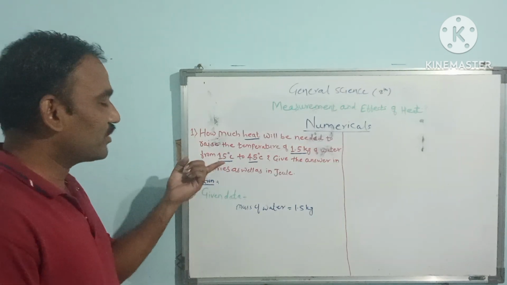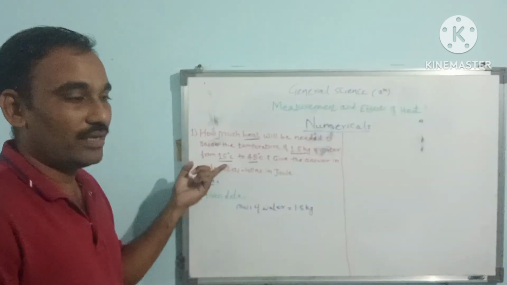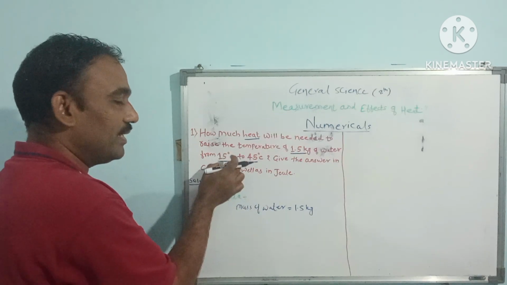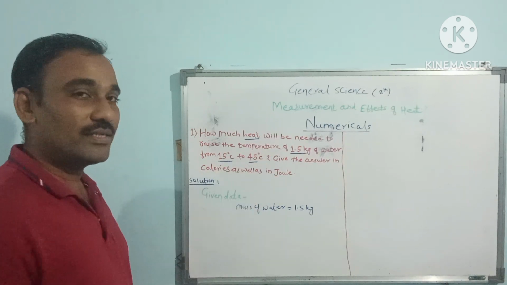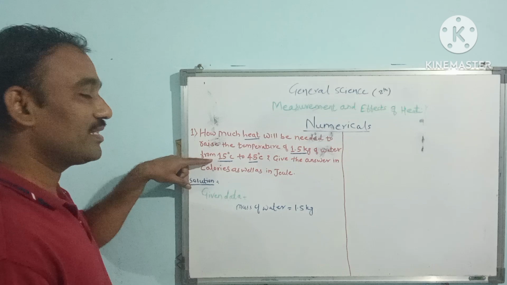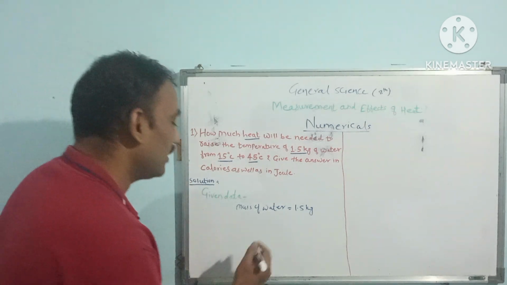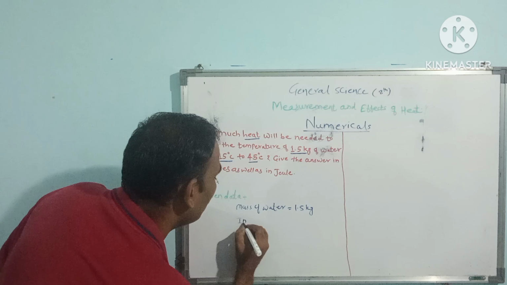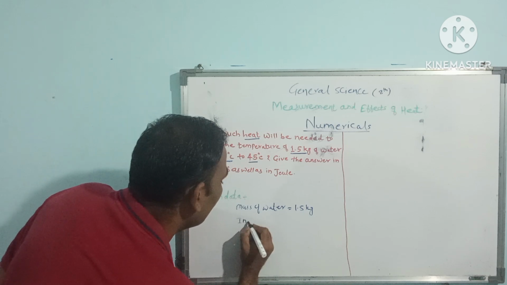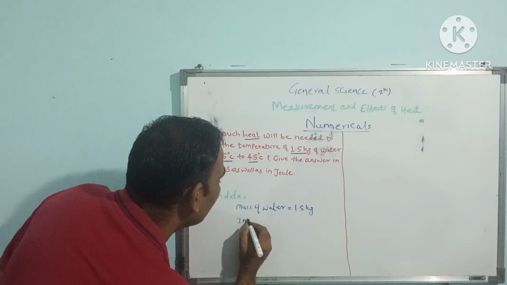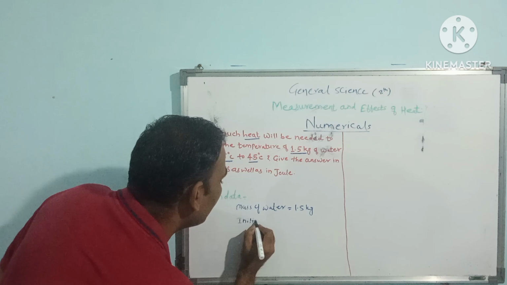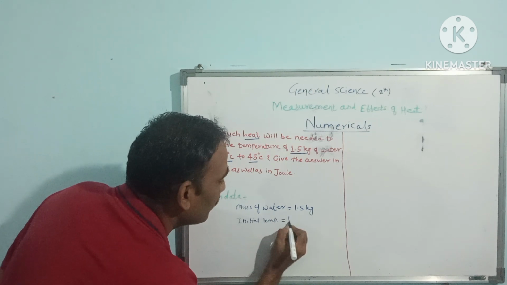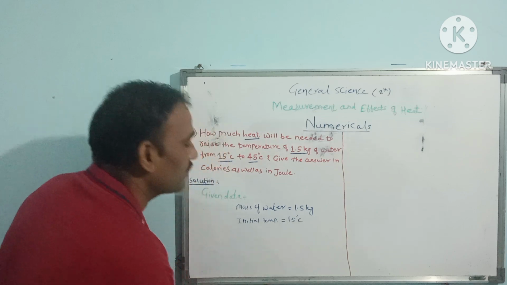Next, the initial temperature. See, the water is heated from 15 degrees Celsius to 45 degrees Celsius. It means 15 degrees Celsius is the initial temperature in this case. That's why the second given factor is the initial temperature, which is 15 degrees Celsius.